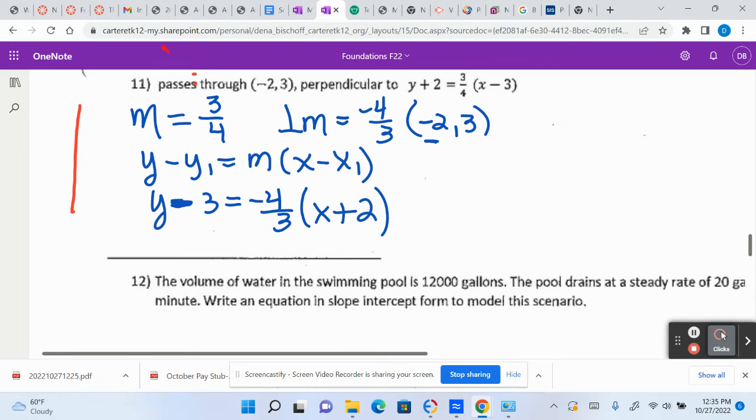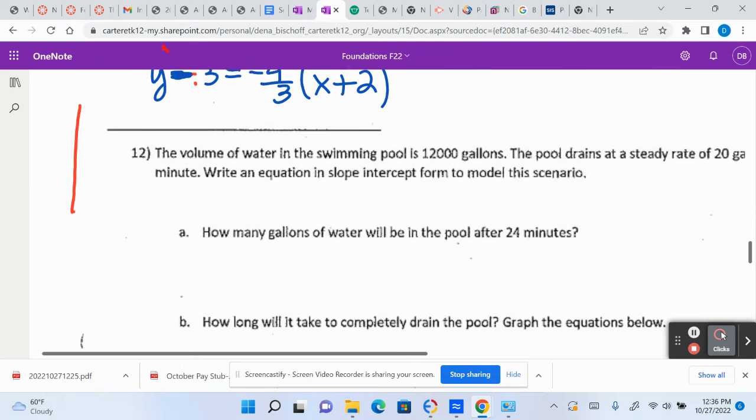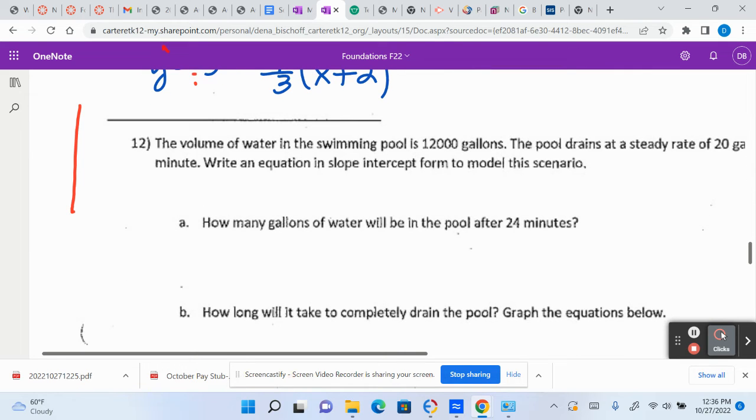You got it? Okay. The volume of water in a swimming pool is 12,000 gallons. What is this number representing? It's the beginning amount, b. It drains at a steady rate of 20 gallons per minute.